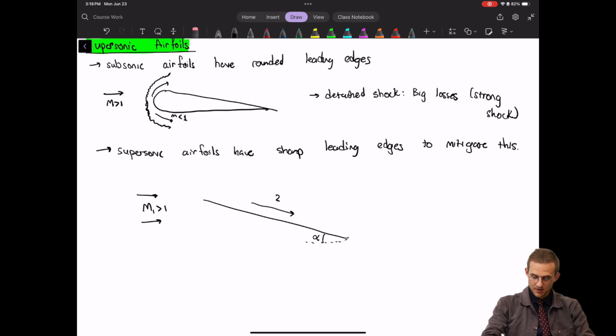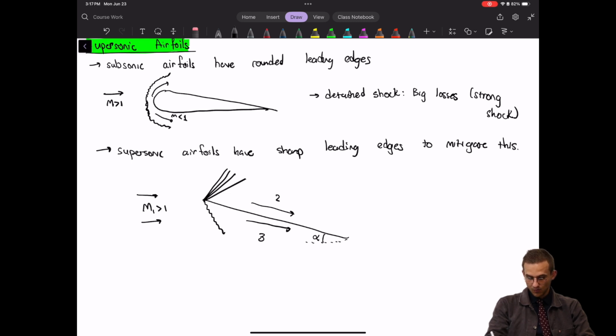So at the top edge, you're going to see a Prandtl-Meyer expansion fan. And then at the bottom edge, the flow is essentially running into a wall before it turns direction, and so it's compressing. The bottom flow, on the bottom edge of the airfoil, let's call it region 3. To meet the flow direction boundary condition, you're going through a compression-like process.